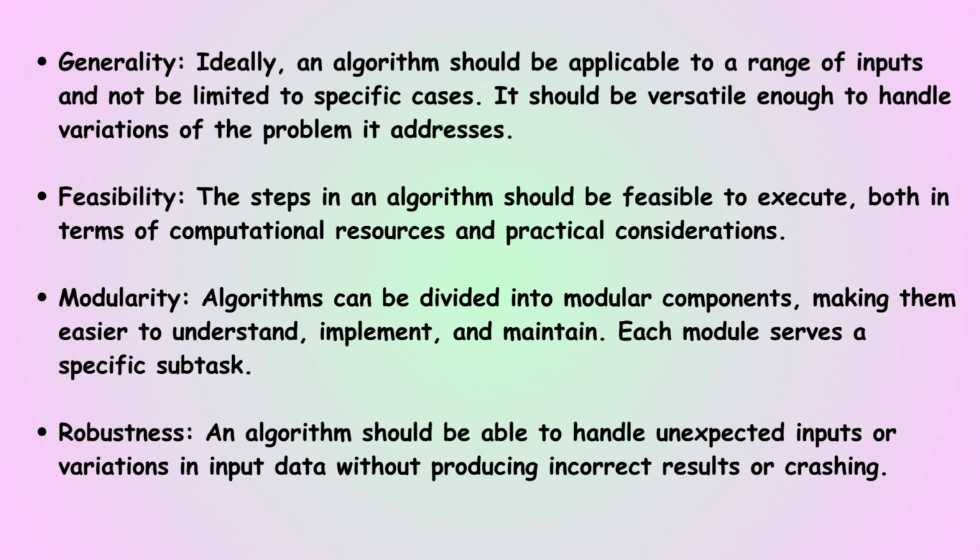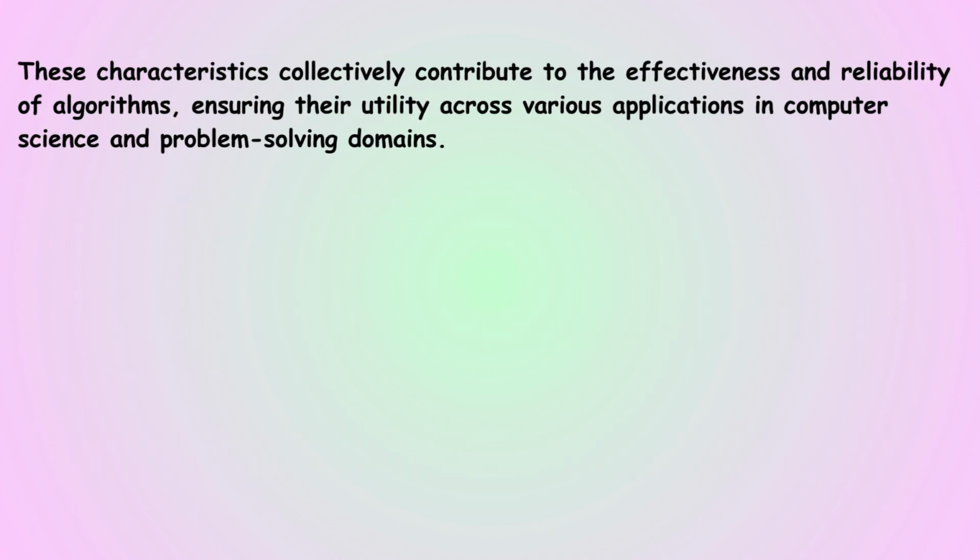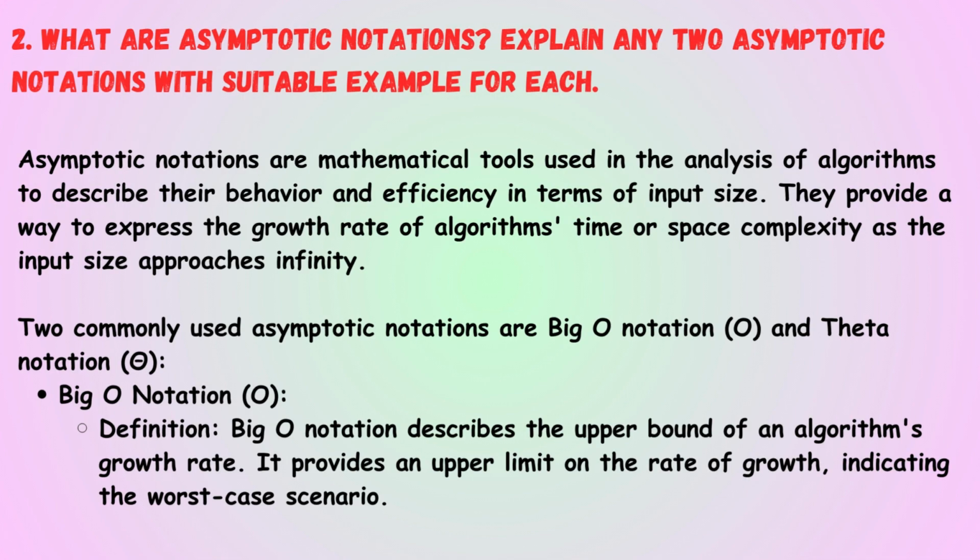An algorithm should be able to handle unexpected inputs or variations in input data without producing incorrect results or crashing. These characteristics collectively contribute to the effectiveness and reliability of algorithms, ensuring their utility across various applications in computer science and problem-solving domains. The next question is, what are asymptotic notations?